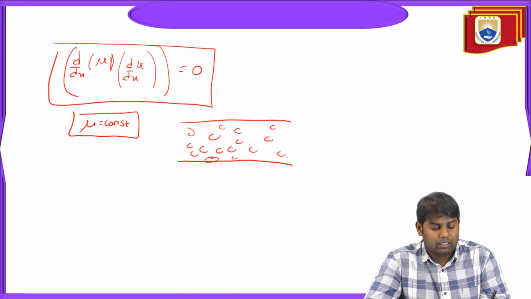These eddies take the energy from the mean flow. This is called the mean region. From the mean region, you take the wall and the other wall. Velocity at this wall will be 0, and at this wall it will be 0.